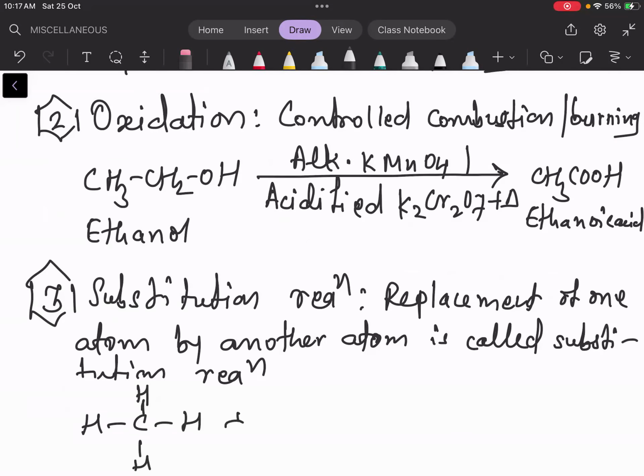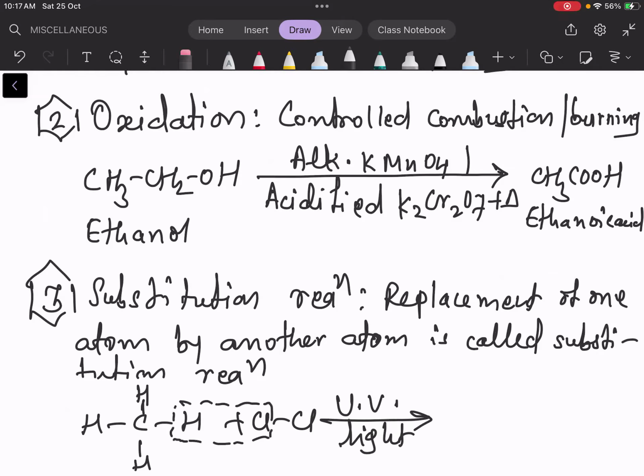So CH4, methane, plus chlorine in presence of UV light. What is meant by UV? Ultraviolet. Correct, very good. Ultraviolet light or diffuse sunlight. What is meant by diffuse sunlight?